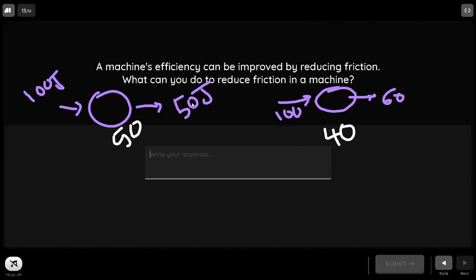I told you, more efficient means less energy lost. So the first one is 50 and the second one is 60. The one with the most efficiency is the second one, and the one with less energy lost is the second one.